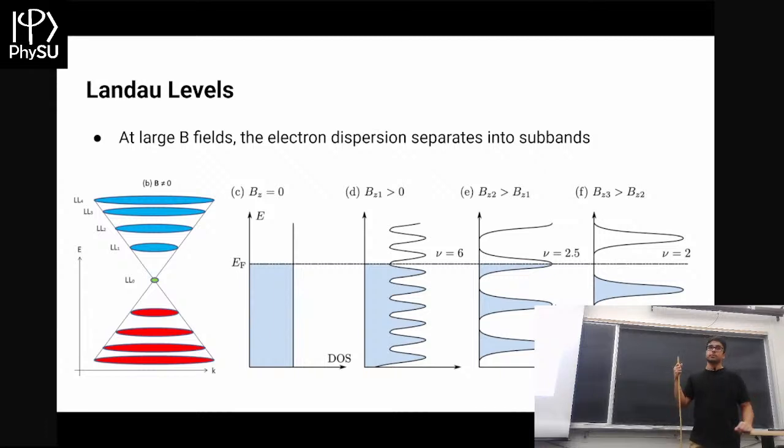Remember when we were filling up the parabola. And so at some point, you'll be changing the bands around, and you'll go from a conducting state to an insulating state, conducting, insulating, and so on. Now we have this quantity here. We'll call it nu. This is the filling fraction. It's the number of these bumps that we've filled up with electrons.